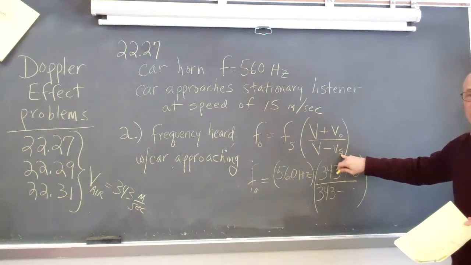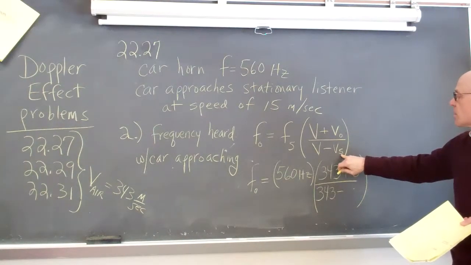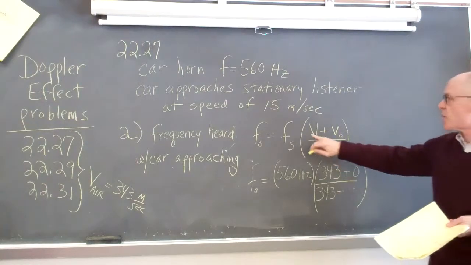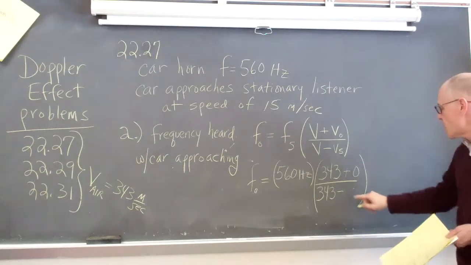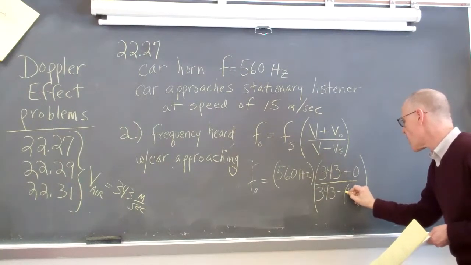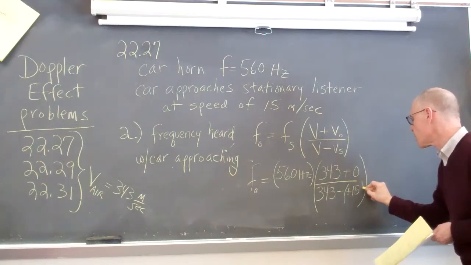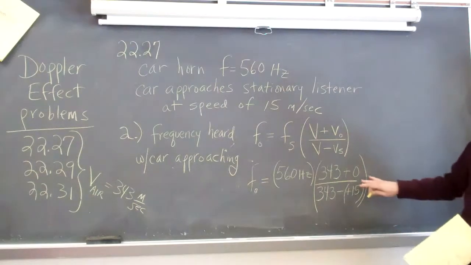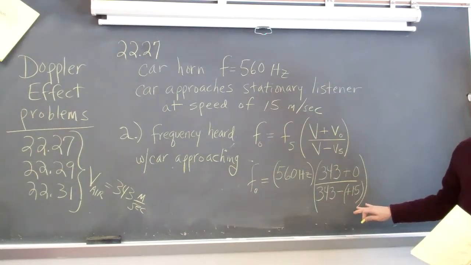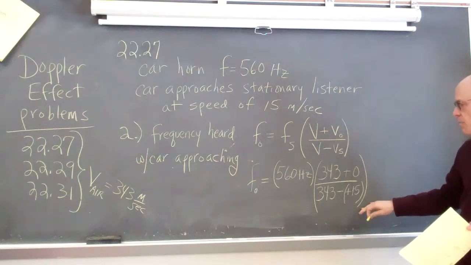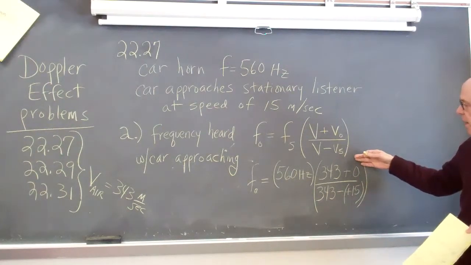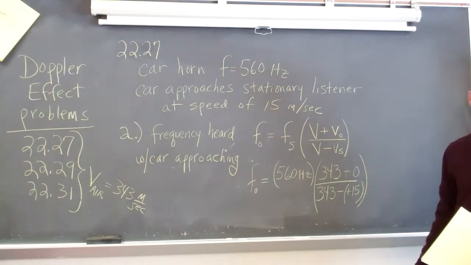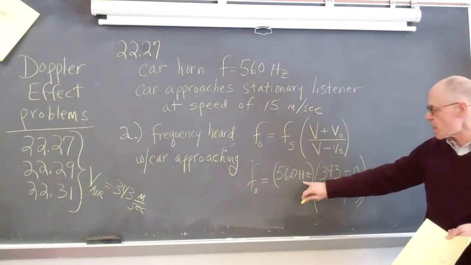Now in terms of sign convention, the speed of the source is going to be a positive 15 because it is an approaching situation. So this will be minus a positive 15. All of these speeds have units of meters per second. I've omitted them to save room on the board, but they're all going to cancel out between the numerator and denominator anyway, and you're going to be left with hertz.